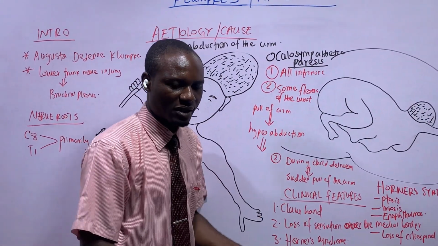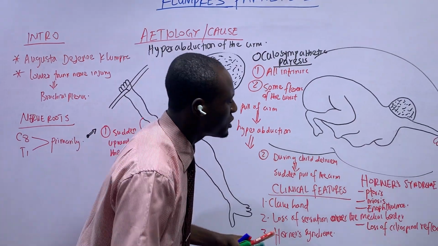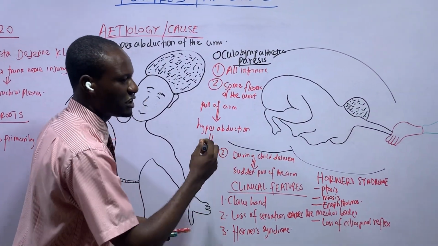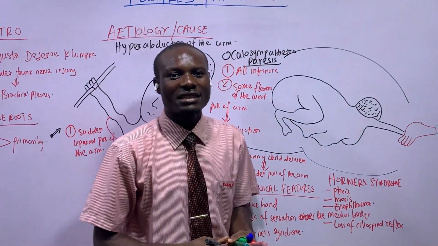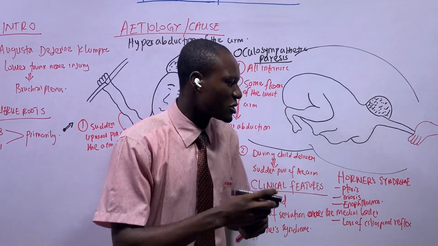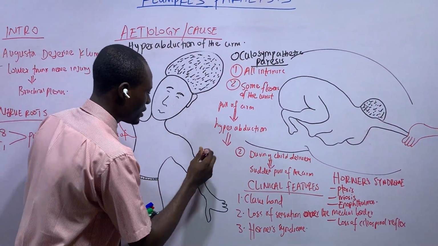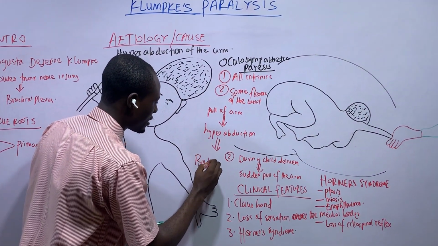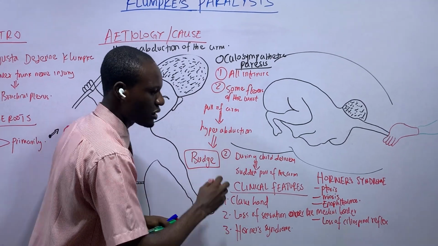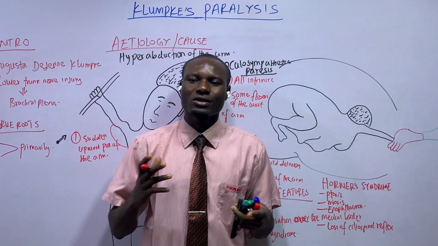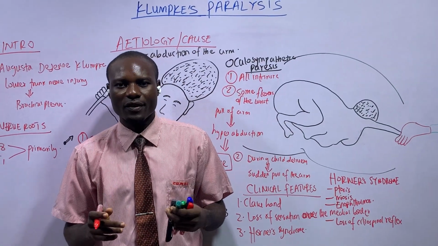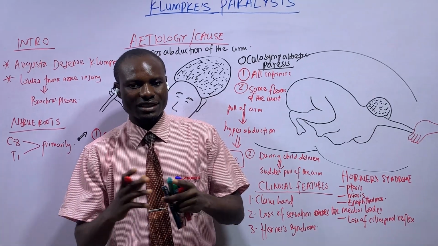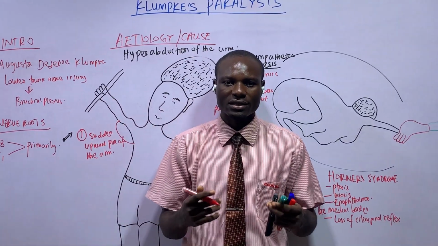That region is known as the ciliospinal center of Budge, because Ludwig Julius Budge was the first to describe this phenomenon.